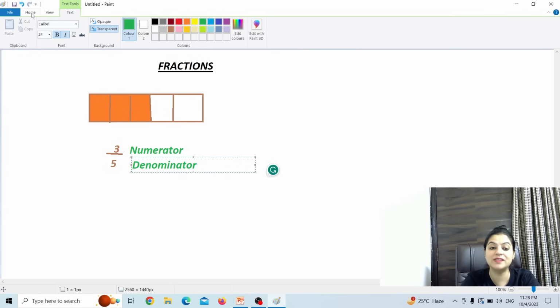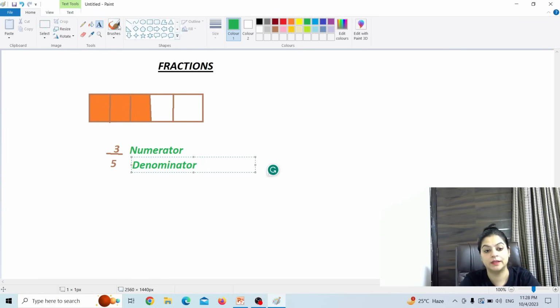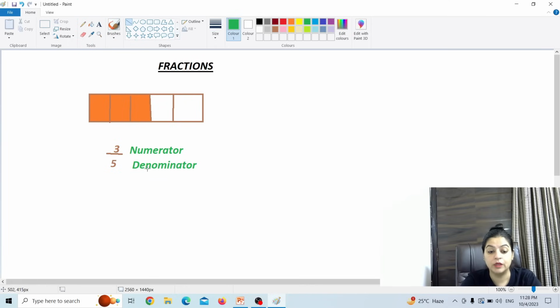So you can always remember this, that D for down and D for denominator. The number that is down, that is below the line, D is for down and D is for denominator. So you can always remember it with that.